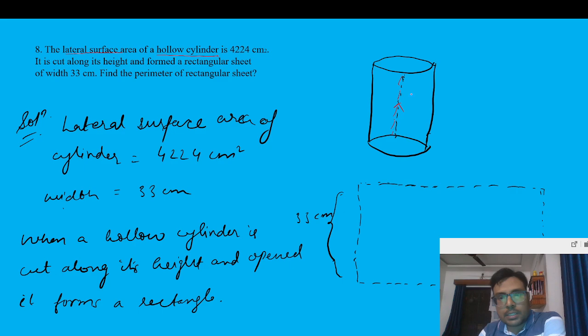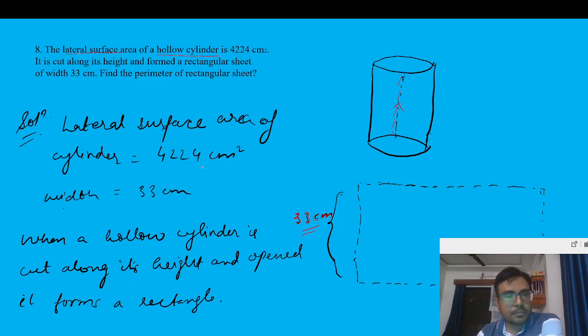If you make a cylinder of paper and cut and open it, it will open like a rectangle only. Find the perimeter. You have to find the length and then put the formula 2 into length plus width.